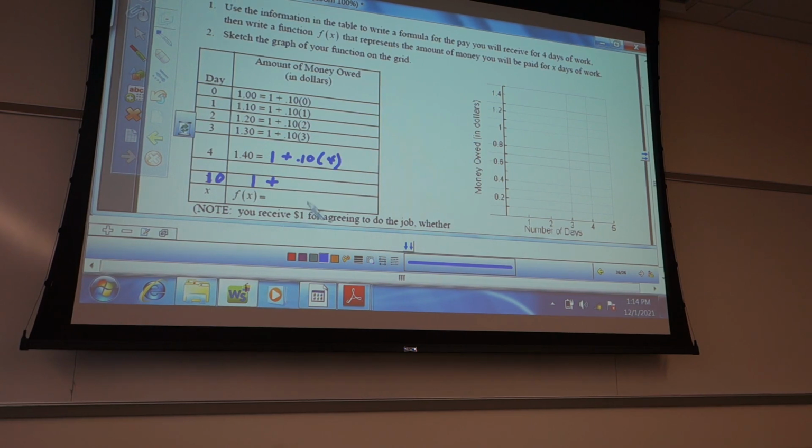Plus 10. Plus 10 like that? Well, look, what's the pattern? Can you see a pattern through here? Just keep adding each day, you just add another day. You increase the value by 1 for each day. Yep.